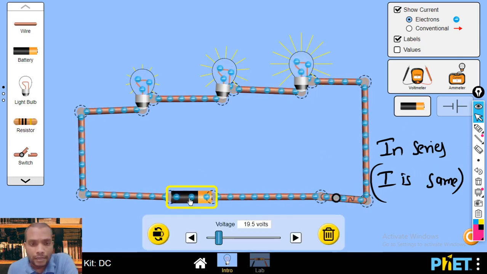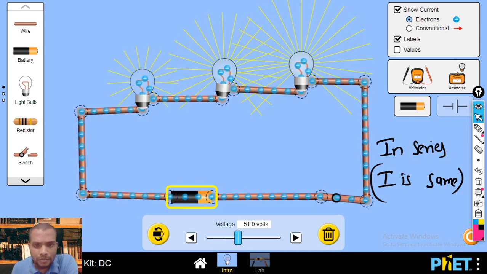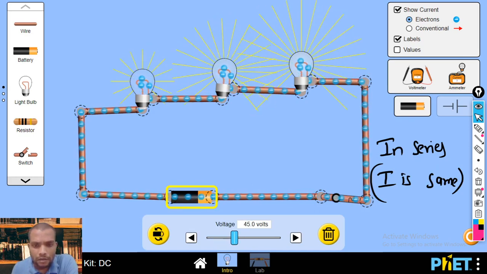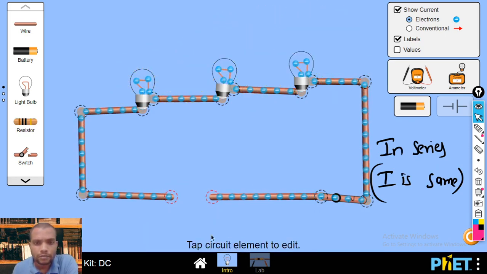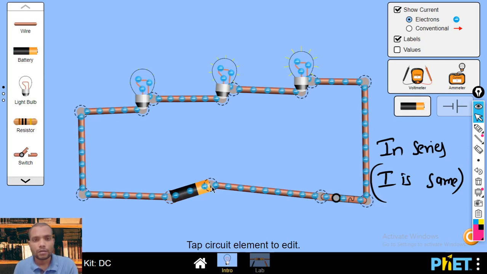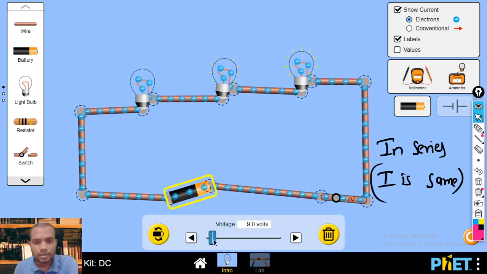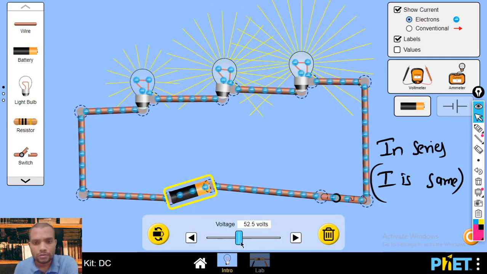Now if I give a supply of a good amount, 45 volts. Oops, I need to connect again here. If you give the cell about 50 volts, it is considerable.